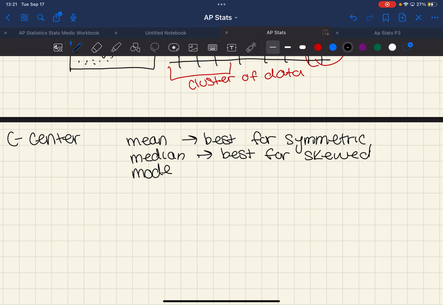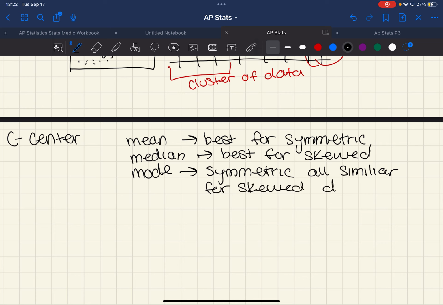However, in skewed distributions with outliers, the mean, median, and mode can be significantly different from each other. So for symmetric, all similar. For skewed, we have different values.